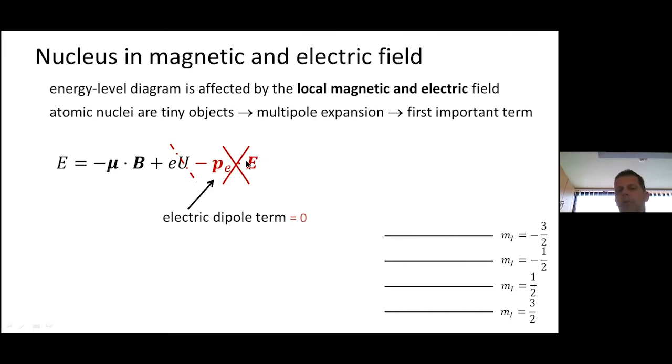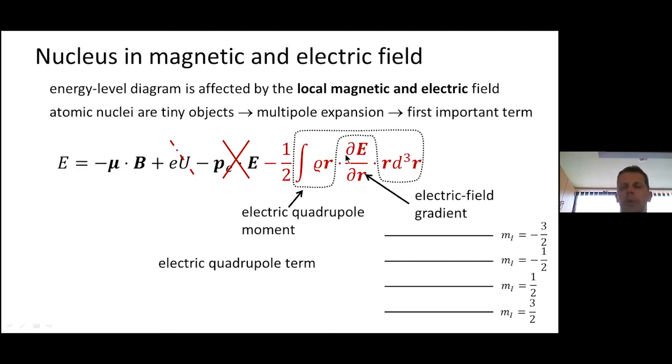And also, usually in equilibrium, atomic nuclei stay at the position of the 0 electric field. So if the electric field was not 0, then there would be a force acting on a nucleus, and the nucleus would be moving. But typically they're in equilibrium state, and so both contributions to this part are 0.